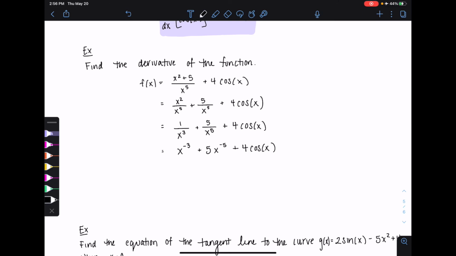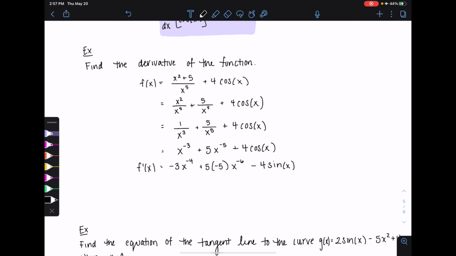So I'm now set up at a point that I can use that power rule. I can also take the derivative of the cosine function. The derivative of this is we bring the power down, decrease it by 1, so that becomes negative 4. Bring the power down, decrease it by 1. Derivative of cosine is negative sine.